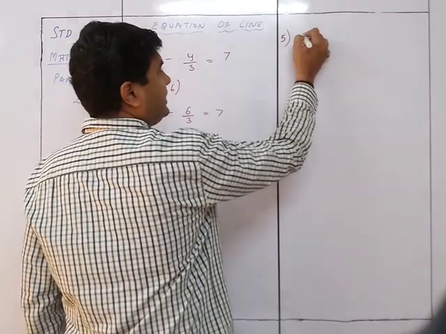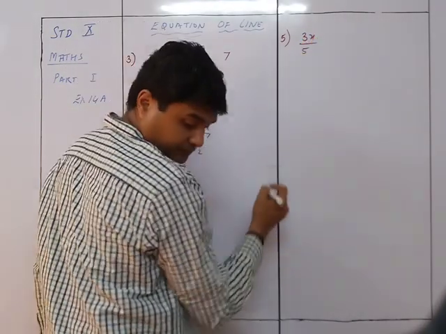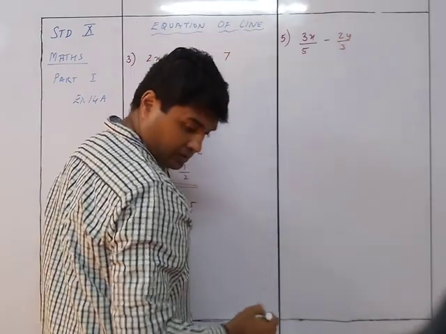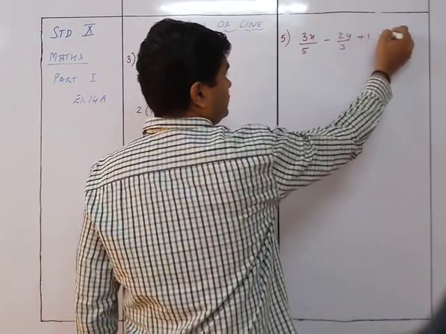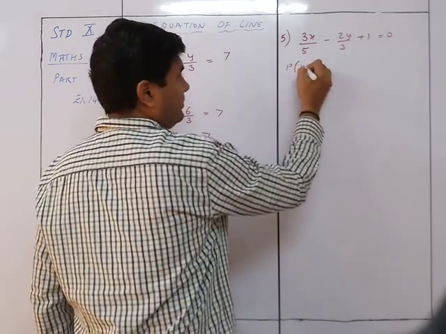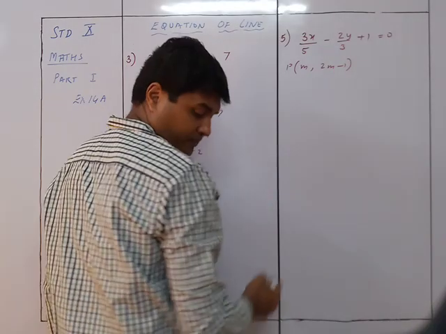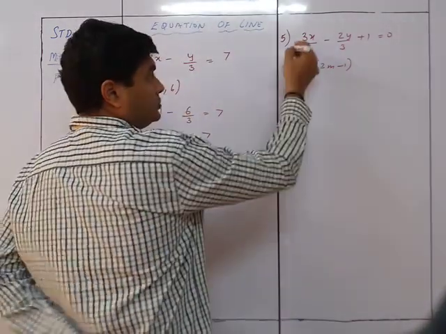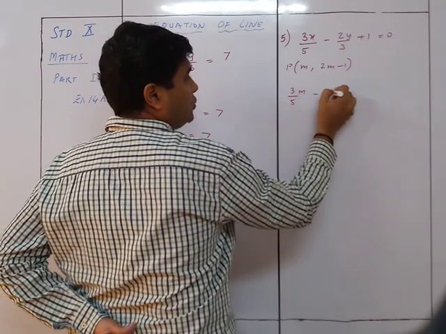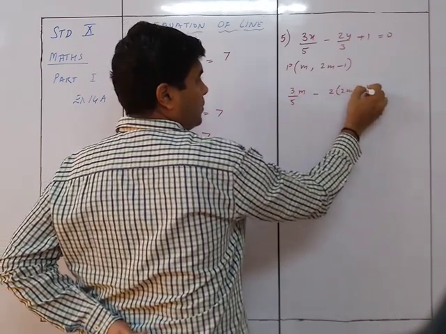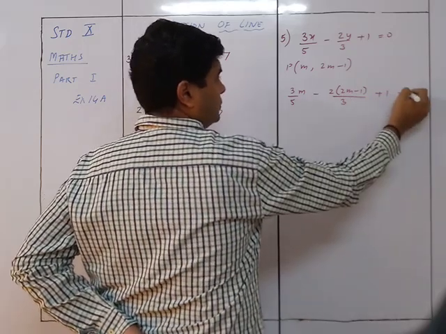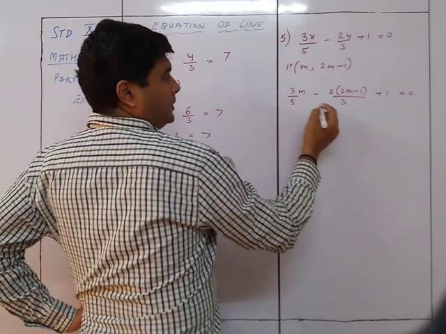So it is 3x upon 5 minus 2y upon 3 plus 1 is equal to 0, and the point P is given as (m, 2m minus 1). So let's take 3 upon 5 m minus 2 into (2m minus 1) upon 3 plus 1 is equal to 0. Take the LCM.